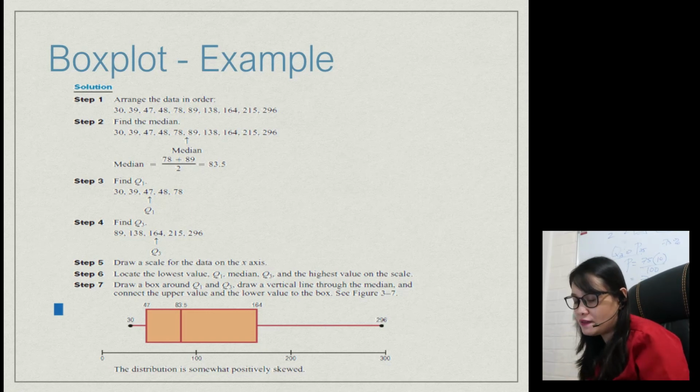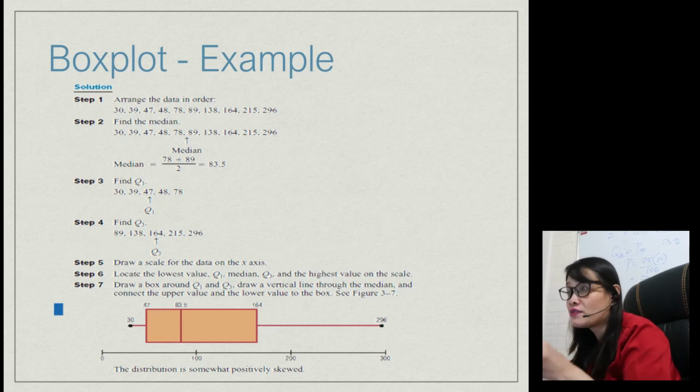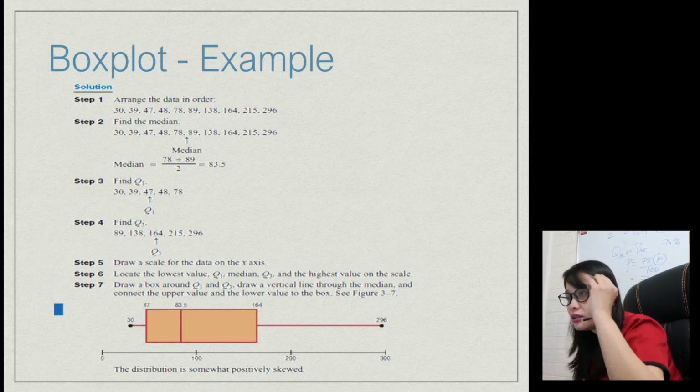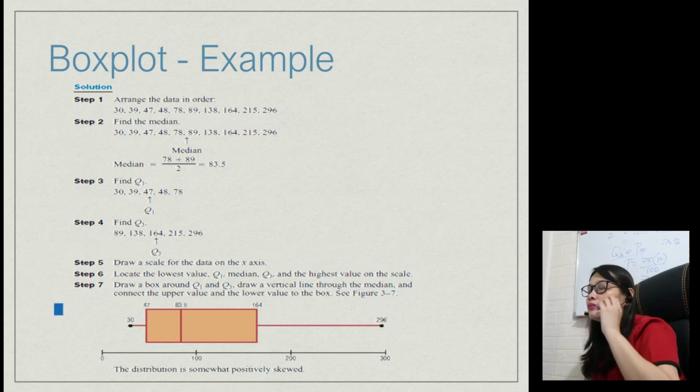So you do have 25 multiplied by 10 divided by 100. So you do have 2.5. Kapag decimal, you need to round up. So 2.5 will become 3. So ano yung third number? Okay, 47.